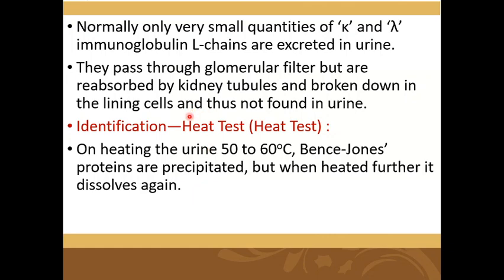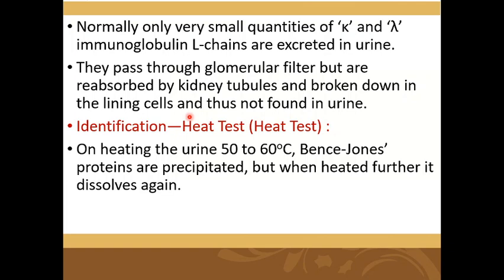So what we have learned from this is that Bence Jones proteins are excreted in the urine of patients with multiple myeloma, and they are composed of the kappa or the lambda chains. When they are synthesized in extra amount, then they are excreted in urine.